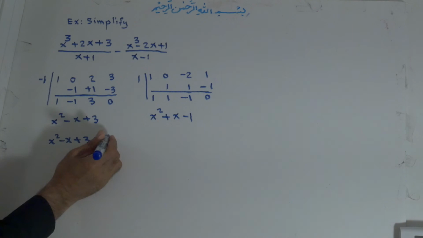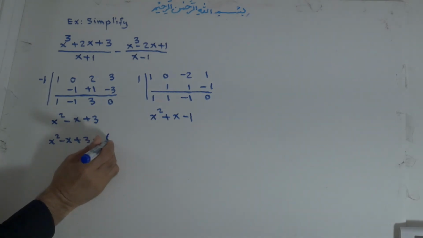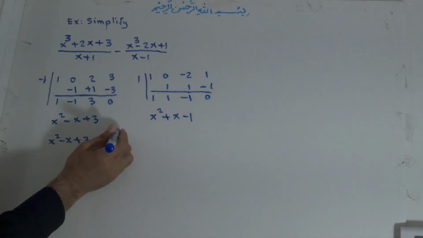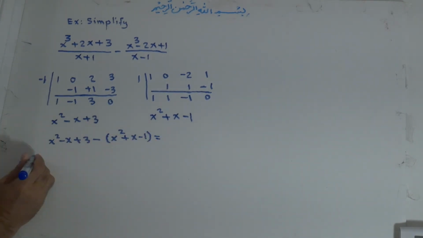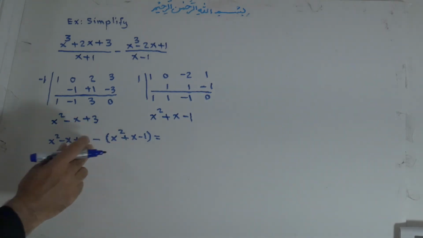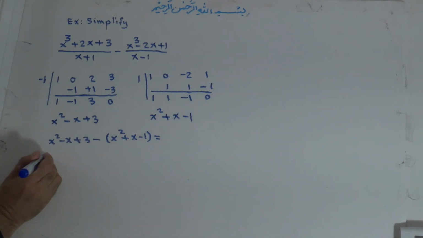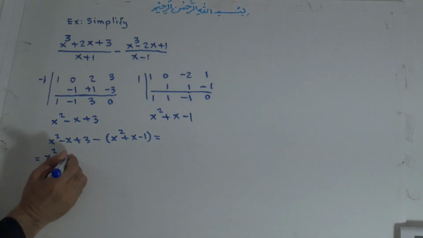minus x to the power of 2 plus x minus 1. This is equal to, because there is a negative sign in front of the second one, so we multiply the negative with all of the parentheses. So this is x to the power of 2 minus x plus 3.